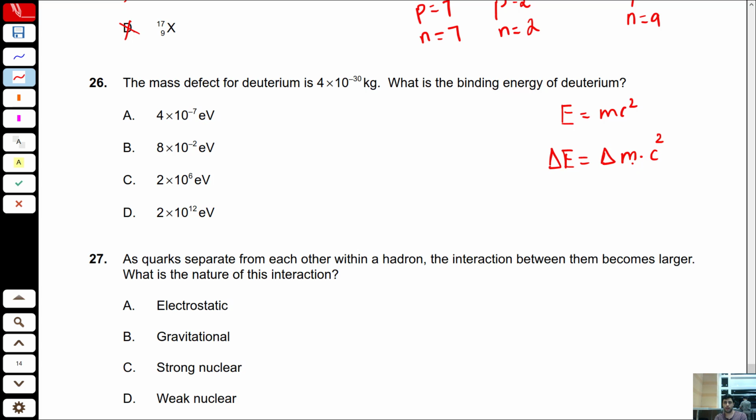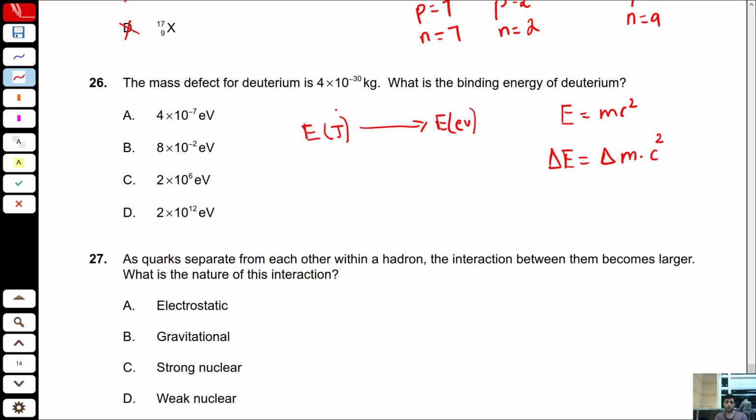Okay. But this result gives us energy in terms of joules, but we are dealing with energies in electron volts. So in order to convert an energy in joules to the equivalent energy in electron volts: electron volt and joule are both units for energy, but joule is the SI unit for energy.